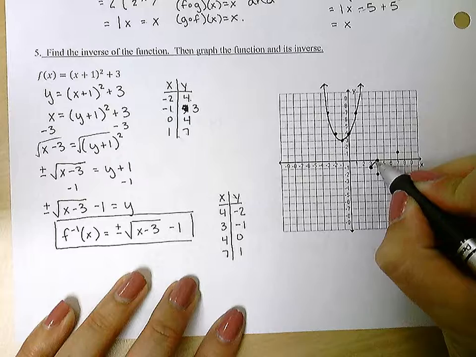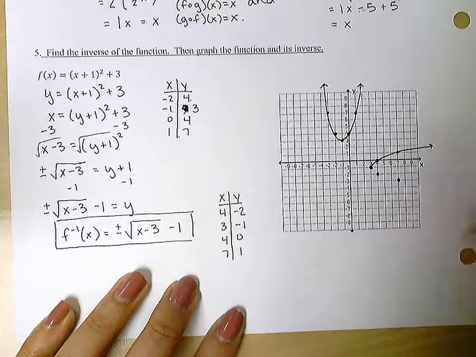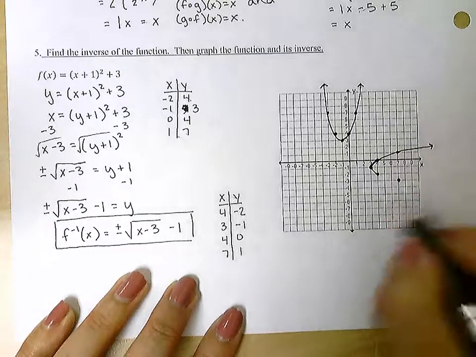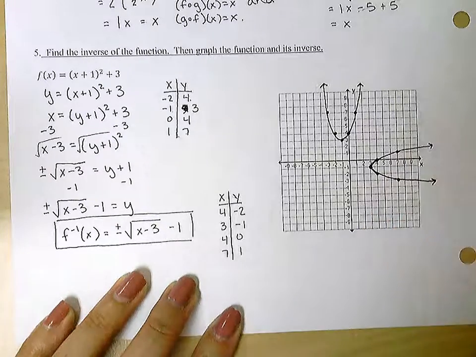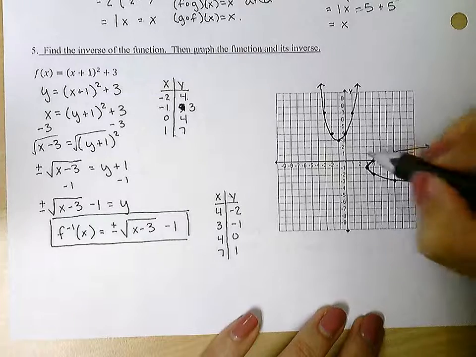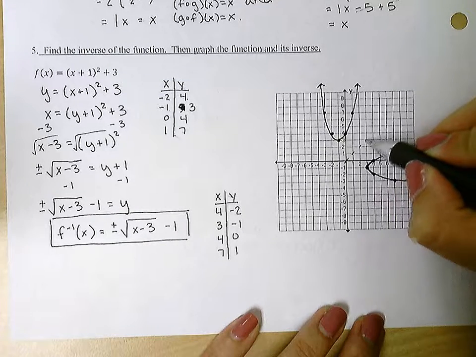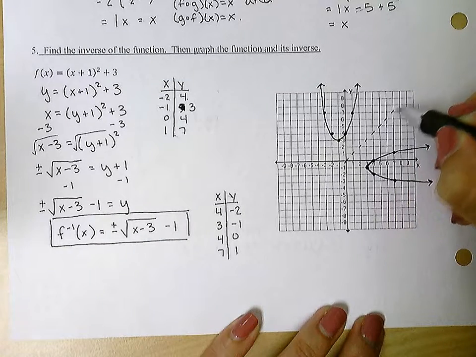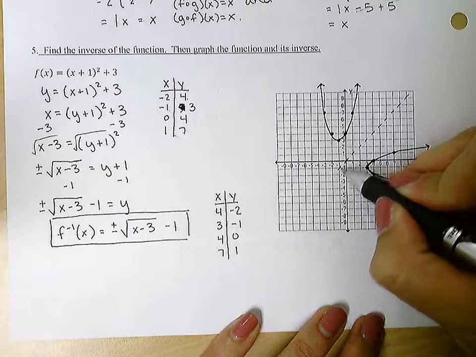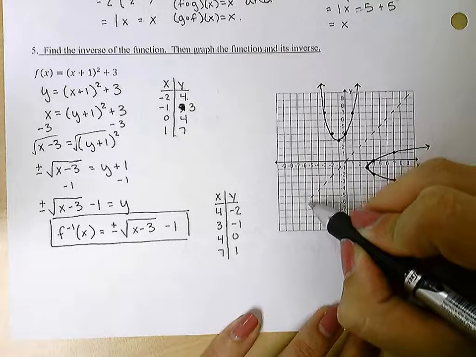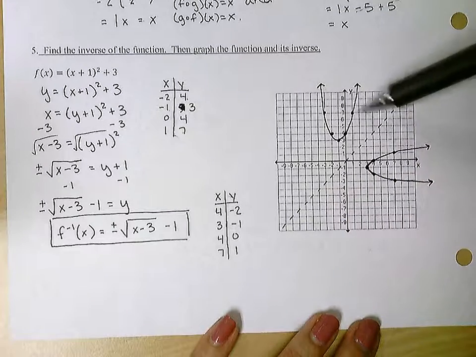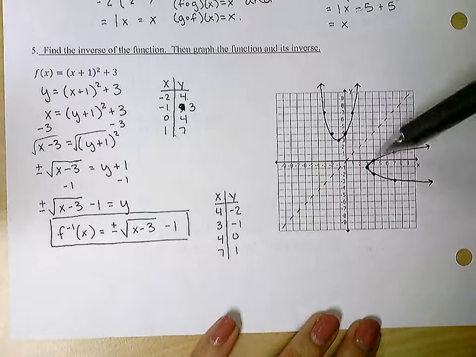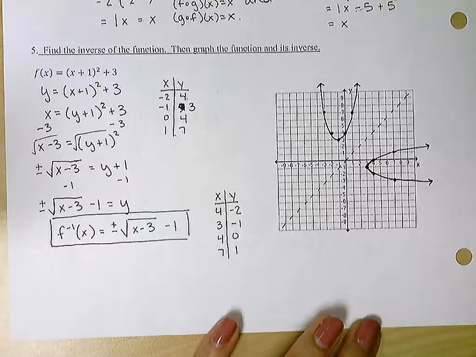So from there, I can connect my points, and it should look like that sideways parabola. And again, we can see that reflection over the y equals x line if I dash that in real quick here for you. Okay, so those points do reflect over that line. And you want to see that when you're finding that inverse.